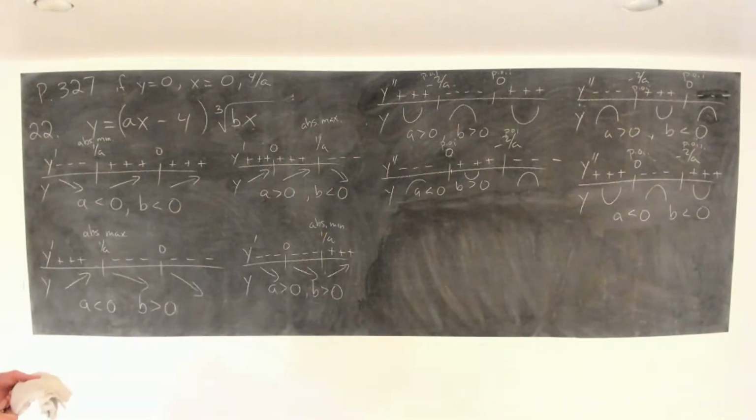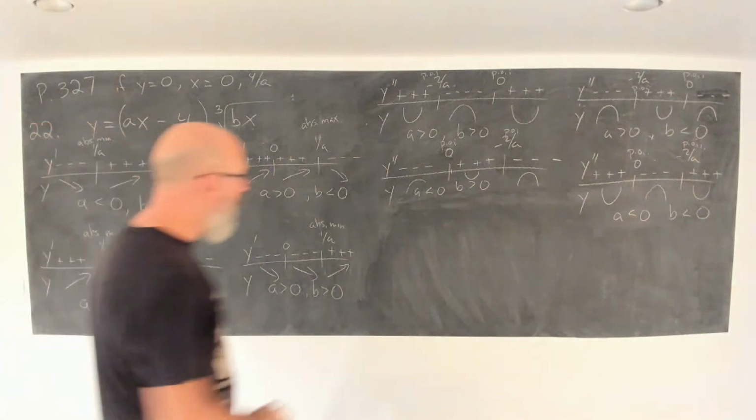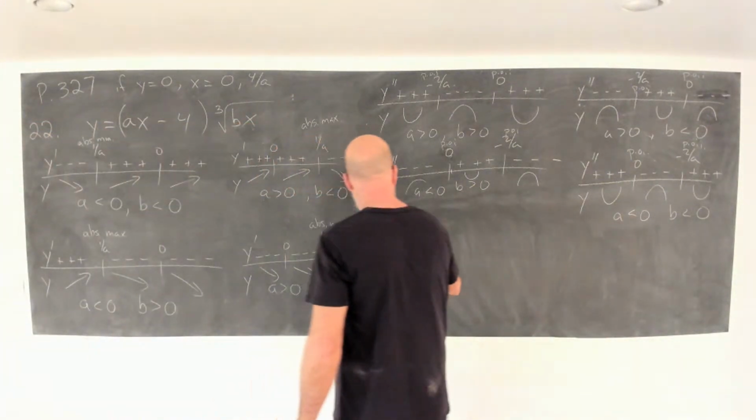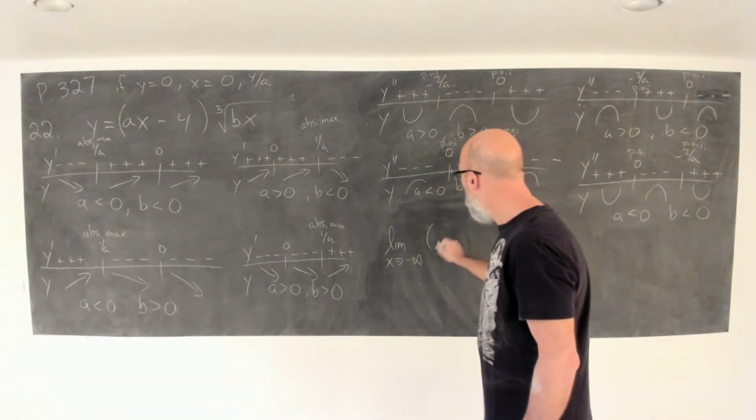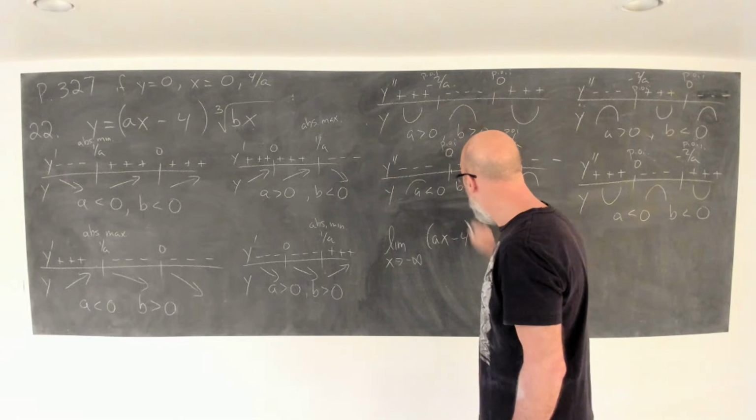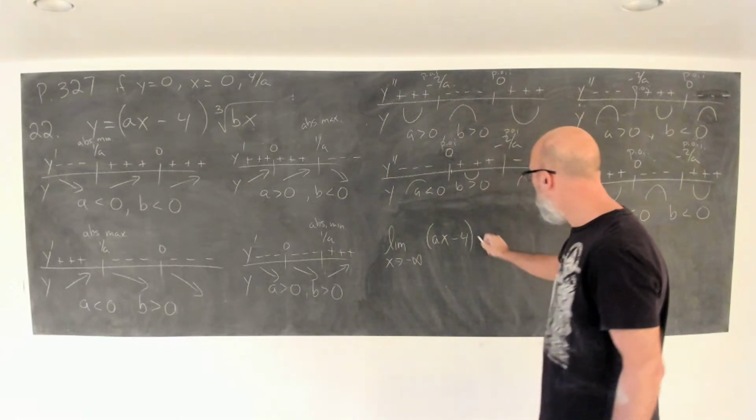Almost ready to graph. We need to know where to start and where to end. In other words, what is the limit as X goes to negative infinity of this?